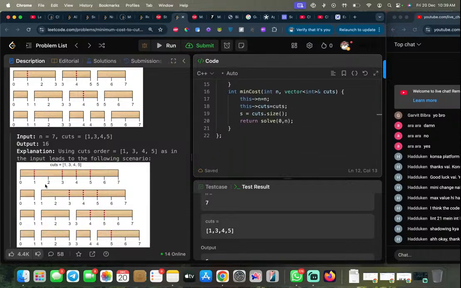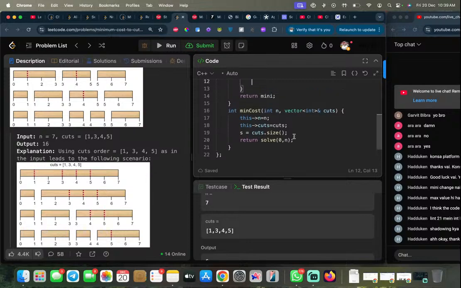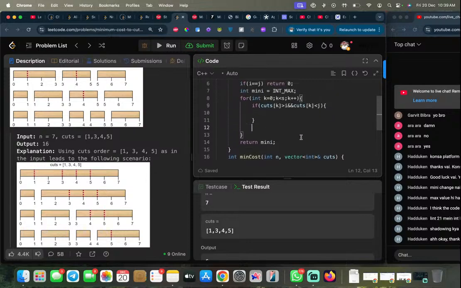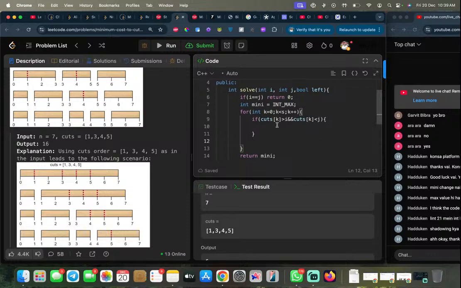So we have a full size stick right now from 0 to 7. If cuts of k greater than i and min is equals to min of j minus i plus the left side.